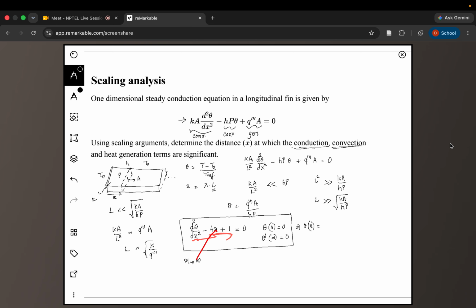So when x tends to infinity, we'll be having, sorry for the typo, this is 4 times theta. When x tends to infinity, this particular term will actually be negligible, and then theta will tend to 1 by 4. And similarly, what happens when I'm close to 0?